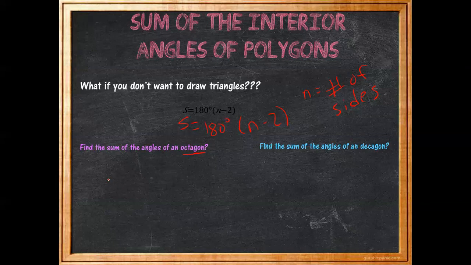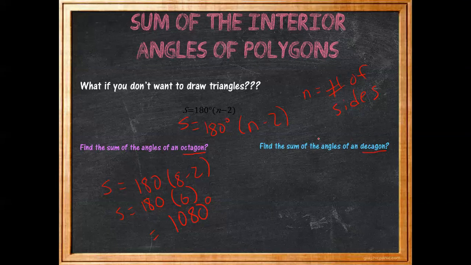So what we will do is say that S equals 180 times 8 minus 2. So then S equals 180 times 6, which equals 1080. So we know that in an octagon, all of the interior angles add up to 1080 degrees.